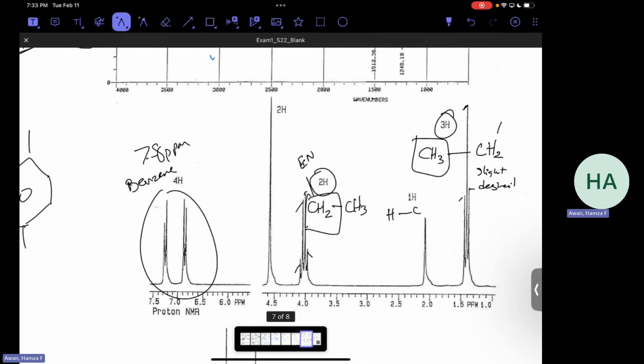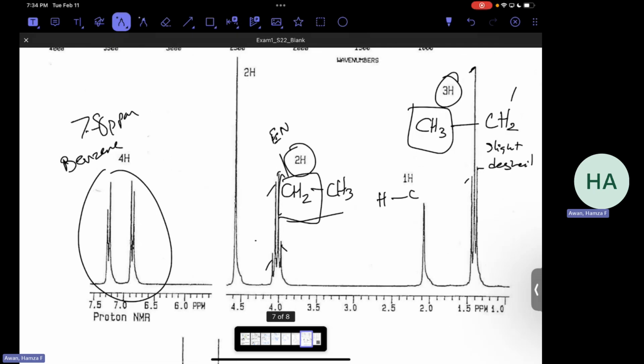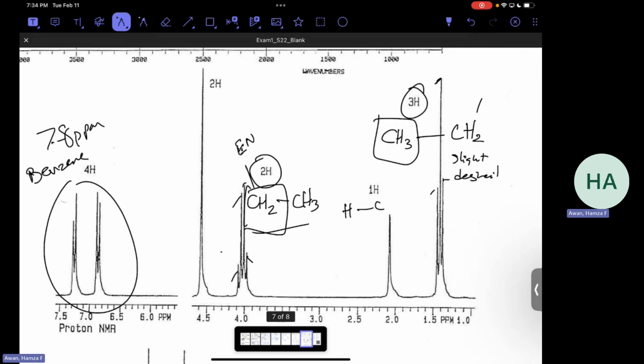But you can also notice we have a CH2, CH3 that is pretty downfield, not slightly. And we have a CH3, CH2 that is slightly deshielded, right? So what that can mean is that this CH2, CH3 and this CH3, CH2 are both the same group. They're just 2 different carbons of the same group, right? So the left one is this CH2 and the right one is that CH3.